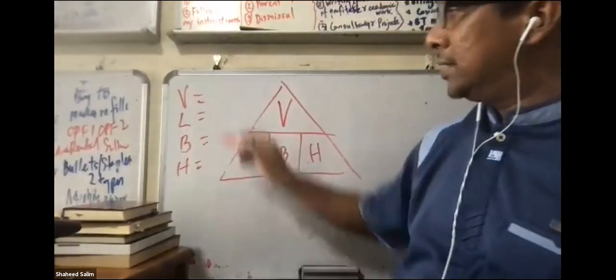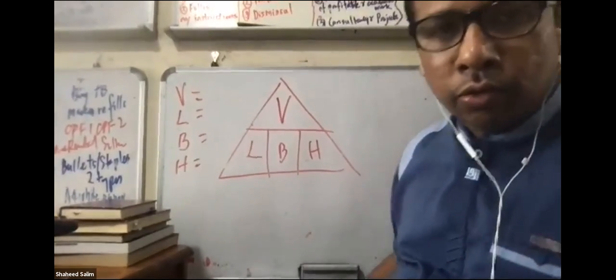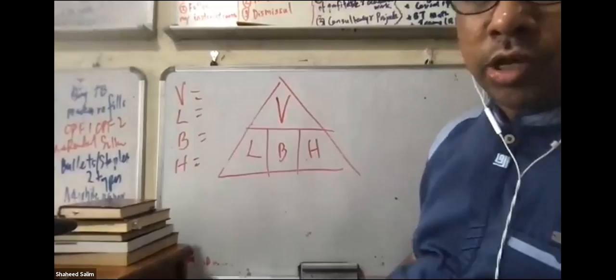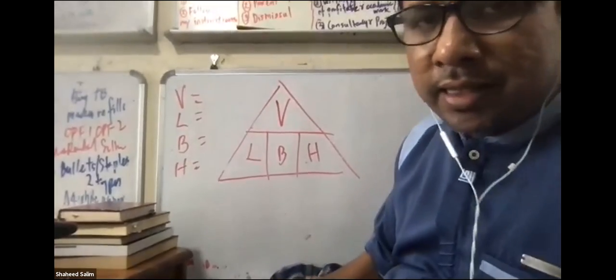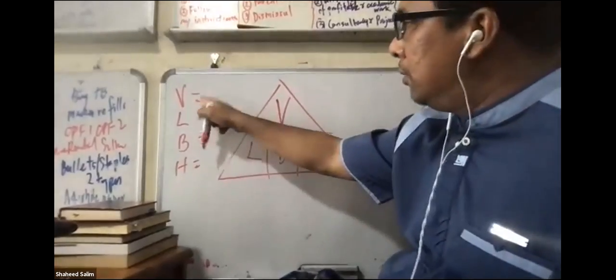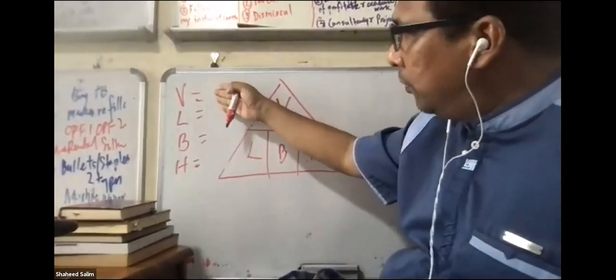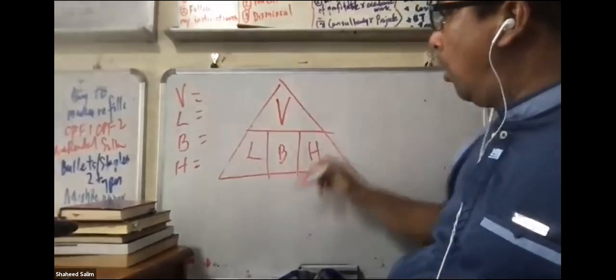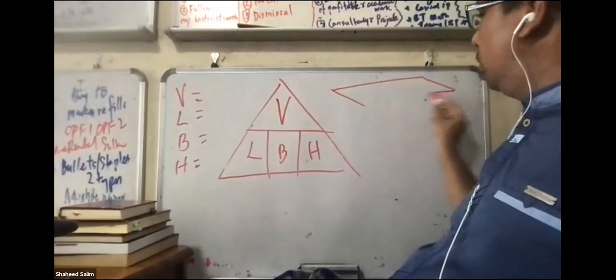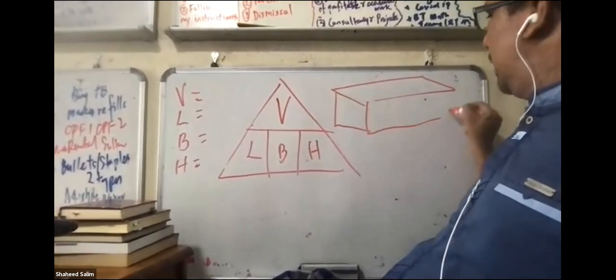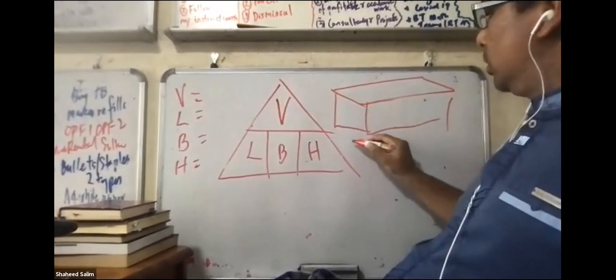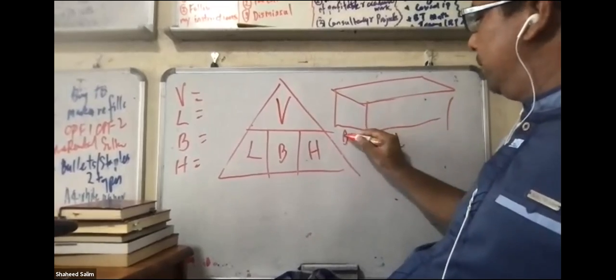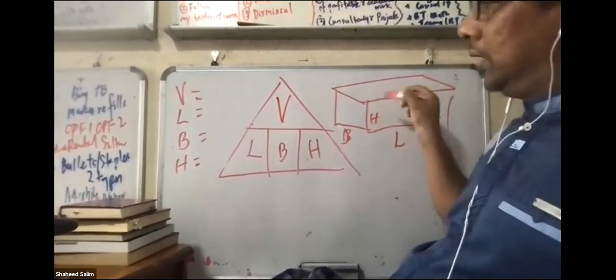Can you send your answers to me? Dawish, you know the chat function? You can send your answers there. All of you, send the formula for volume, length, breadth, height of a rectangular cuboid. There's breadth, length, height, and the whole thing is the volume.